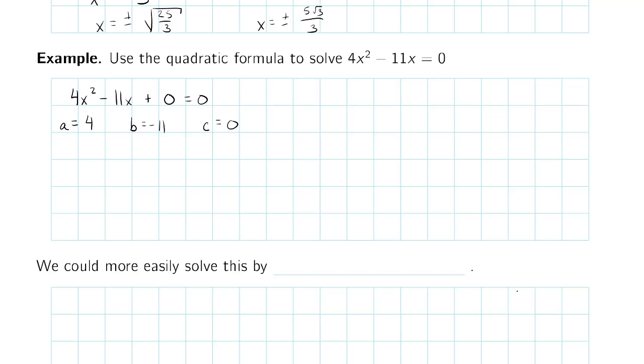So plugging in, we get x equals the opposite of negative 11 plus or minus the square root of negative 11 squared minus 4 times 0 all over 2 times 4.